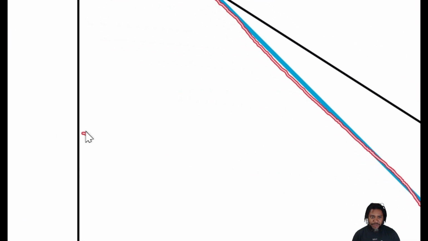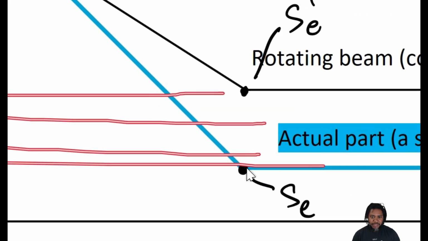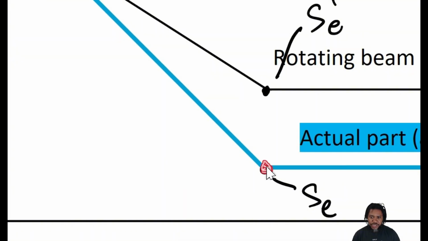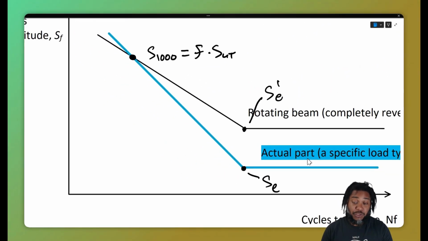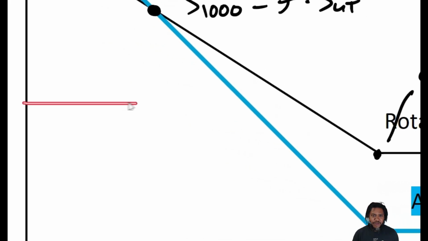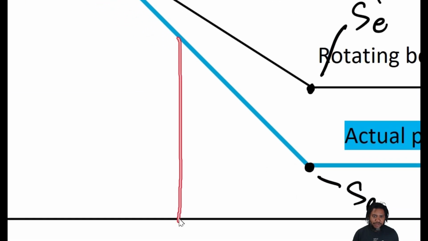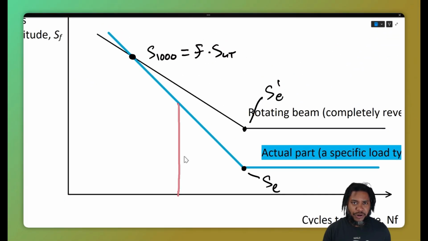We're saying that there is less stress amplitude over which we have infinite life, that our material is actually weaker when we consider its actual conditions, elevated temperature, certain surfaces, certain loading conditions, right? And so by applying these factors, we can get a more realistic understanding of its resistance to an applied stress amplitude and what the corresponding cycles to failure are.